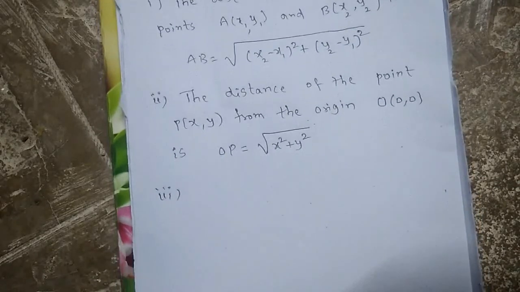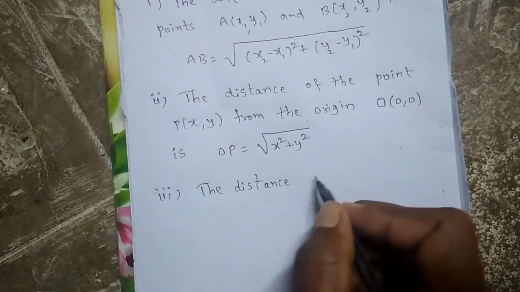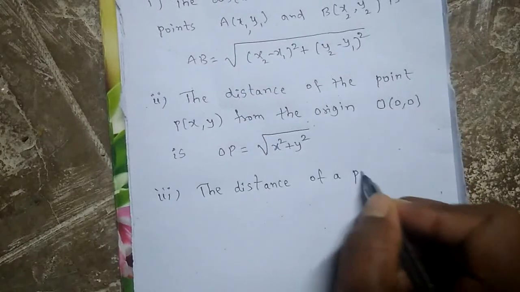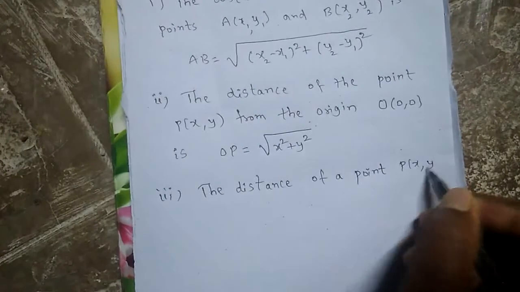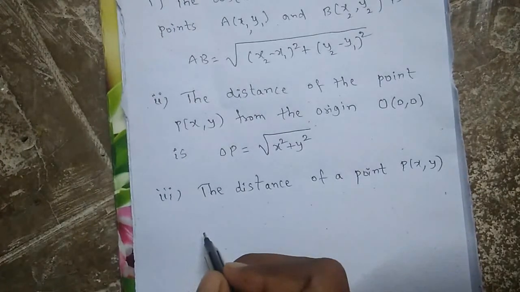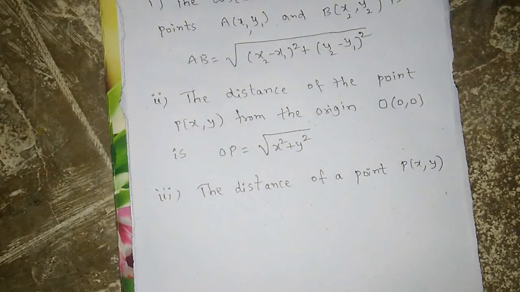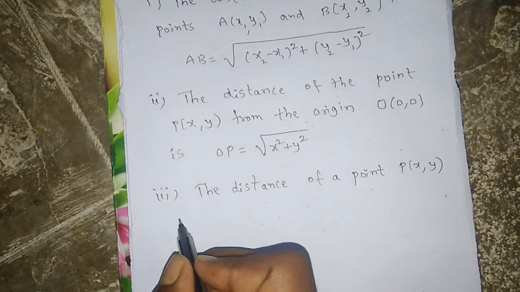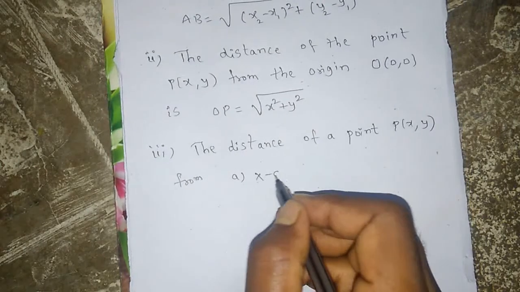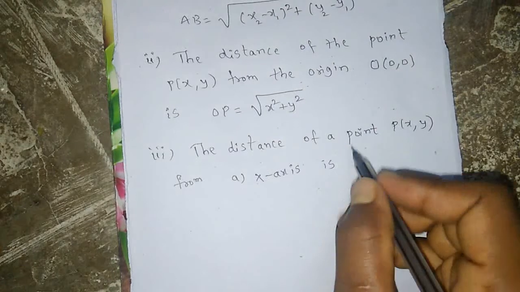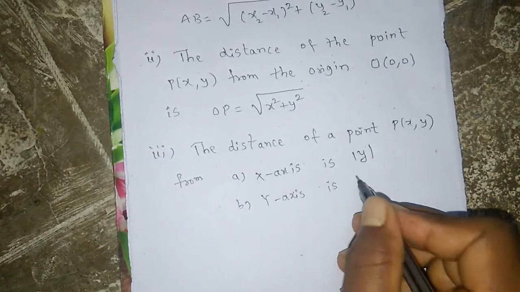Next point is the distance of a point P (x, y) from x-axis is mod y and y-axis is mod x.